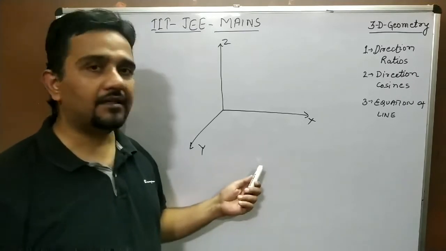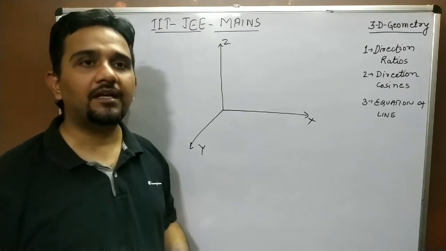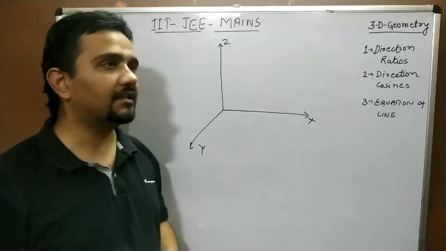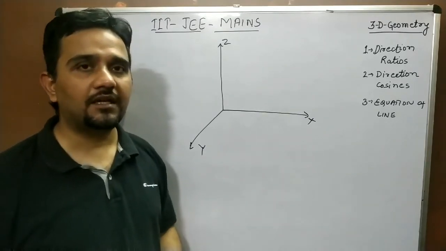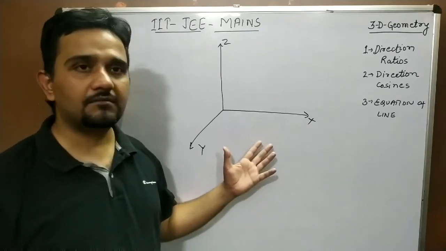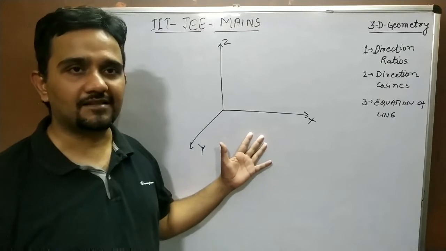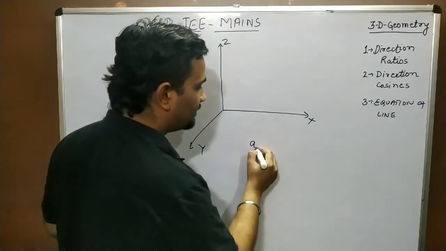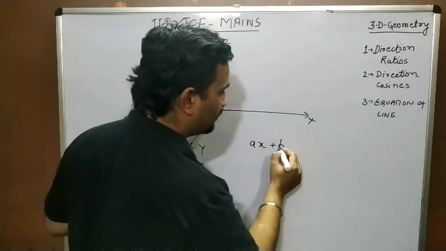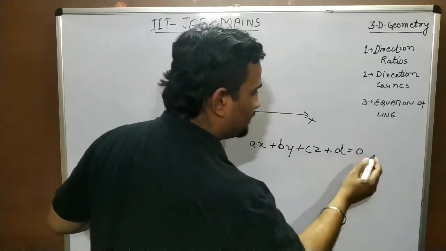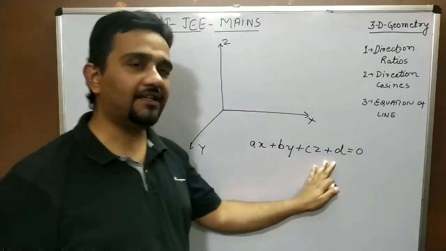A line here can be understood by the intersection of two planes, because when we consider a normal linear equation of three variables, the basic equation to write in this scenario is ax plus by plus cz plus d.